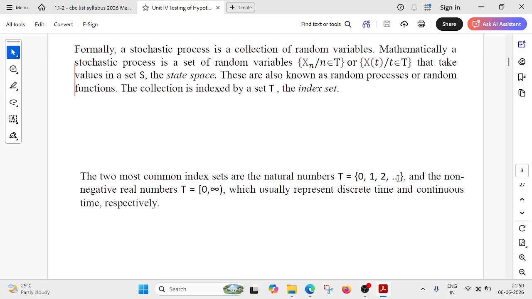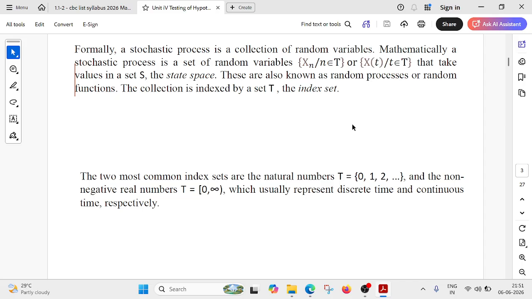Now, formally, a stochastic process is a collection of random variables. Mathematically, a stochastic process is a set of random variables. We can take that set X(t), where small t belongs to the capital T, that takes values in a set known as the state space. They are also known as a random process or random functions, right?